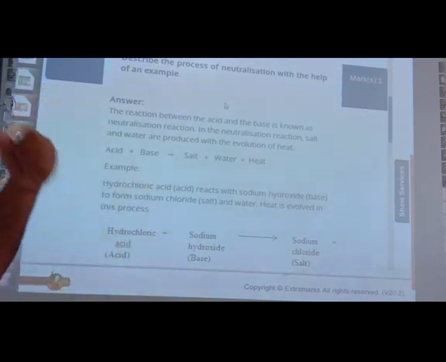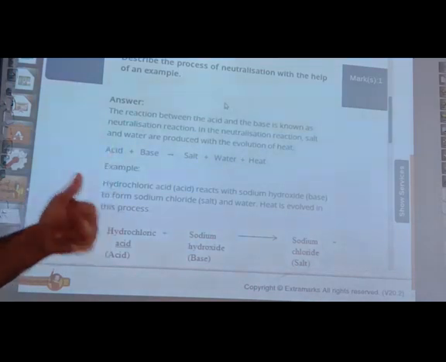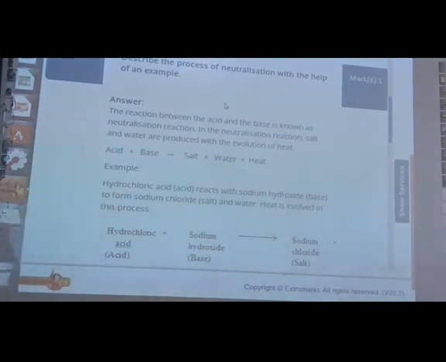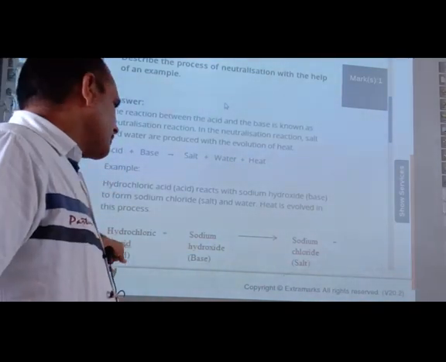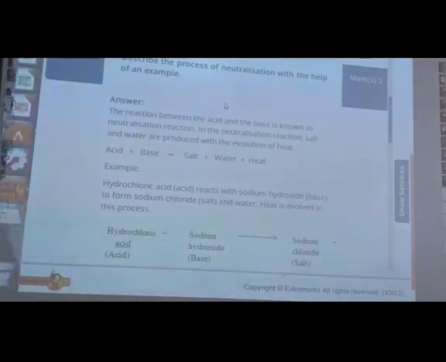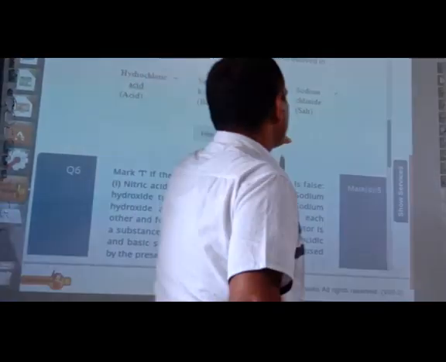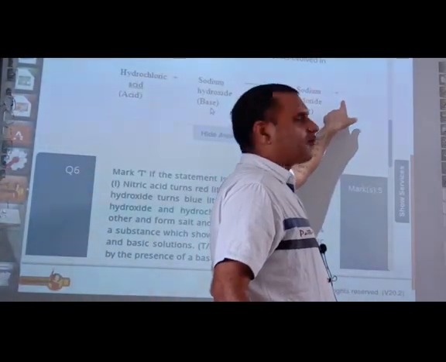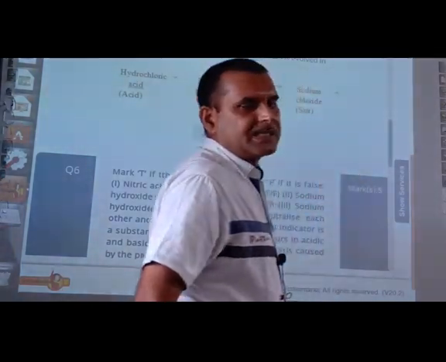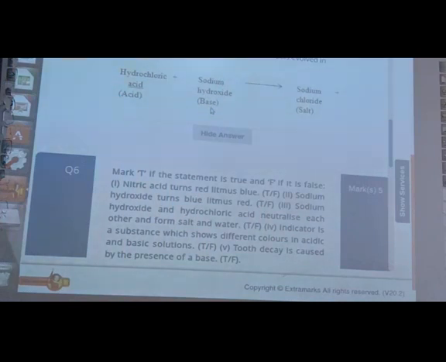Means in neutralization reaction heat must be evolved in addition to the formation of two products, that is salt and water. As an example, here I have taken hydrochloric acid, this is sodium hydroxide, and it forms sodium chloride, water and heat. Just see, here they have written only sodium chloride, they have not written water and heat. So please add, in yesterday's question I have solved this one, so please don't leave this one.